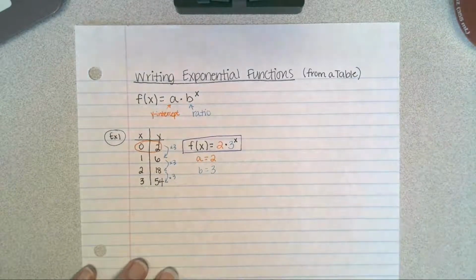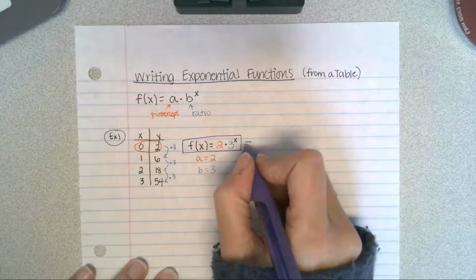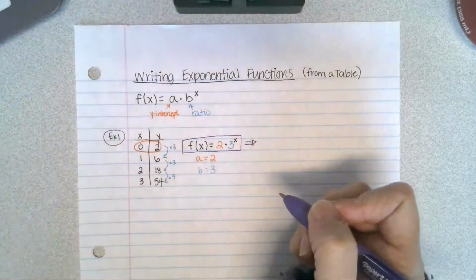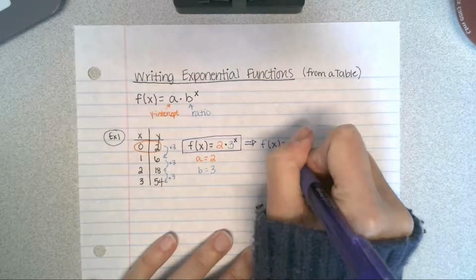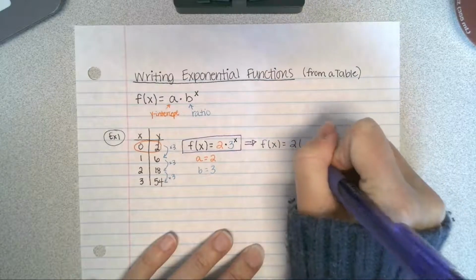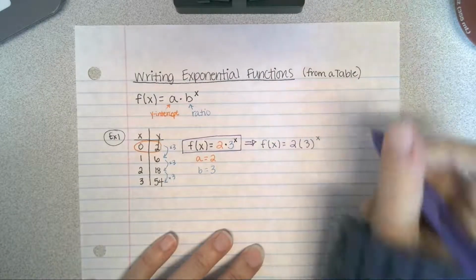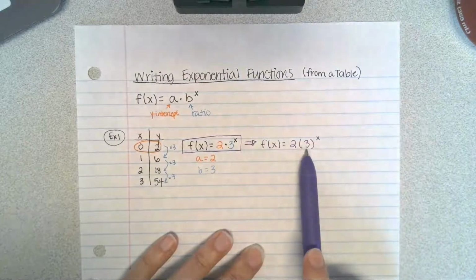There is another way that we can write this, and it's something that we're going to start doing pretty much from here on out. This is what it looks like. F of x equals 2 times 3 to the x, where our common ratio is in parentheses.